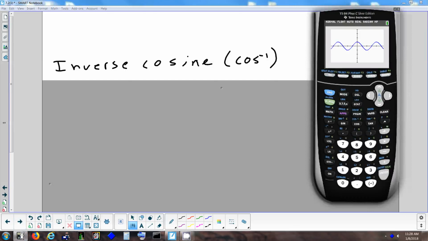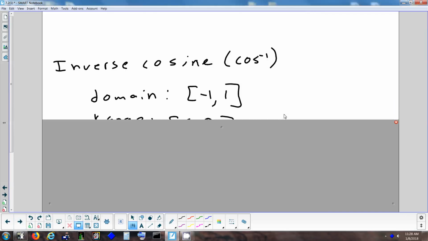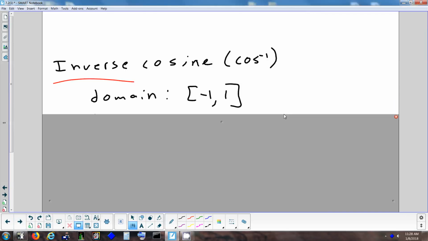That's the range of cosine, 1 to -1. That's the range of the original. So what is that range going to turn into? It's going to turn into the domain in the inverse. So there's your domain, same as the domain for inverse sine.